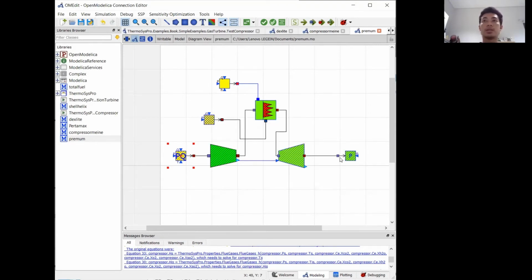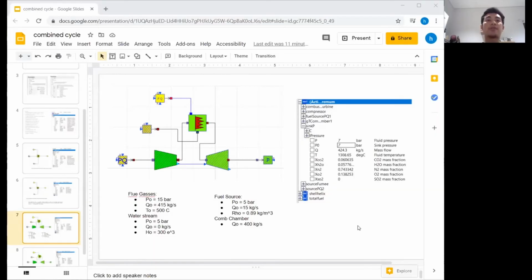Okay, we can see the parameters and the results after we simulate this cycle. I have run the cycle and I get the result like this.